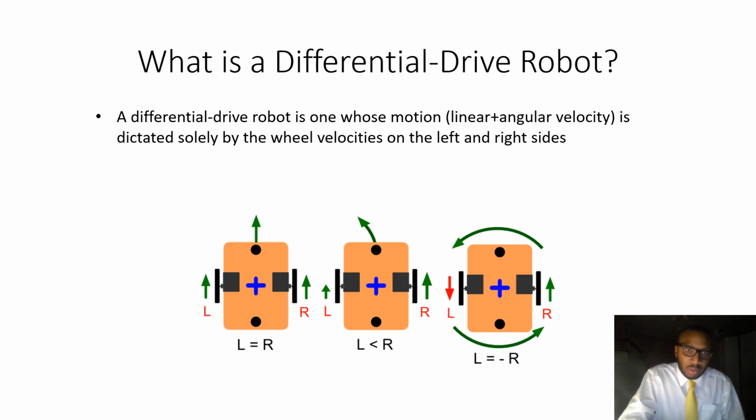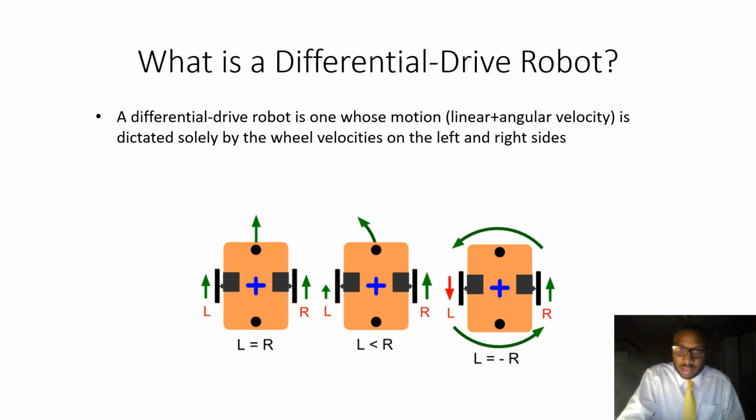In the first scenario, the left wheel and right wheel are spinning at the same speed, so the robot is going to move straight with no spinning component. In the next, the right side is moving a little bit faster than the left side, so the robot turns a little bit to the left as it's moving forward.